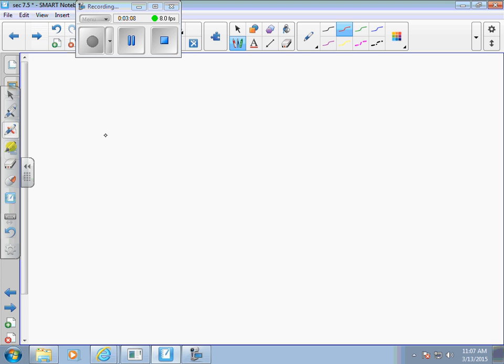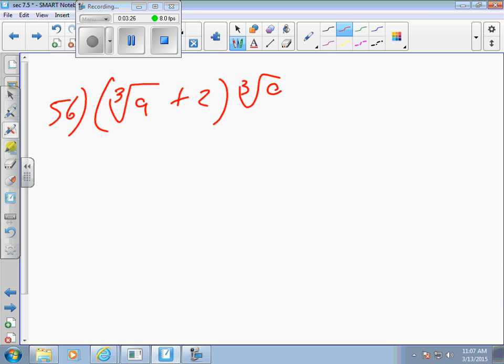All right, let's take a look now at 56. It says the cube root of a plus 2 and the cube root of a plus 7. Again, because it's binomial times binomial, I'm going to be foiling.